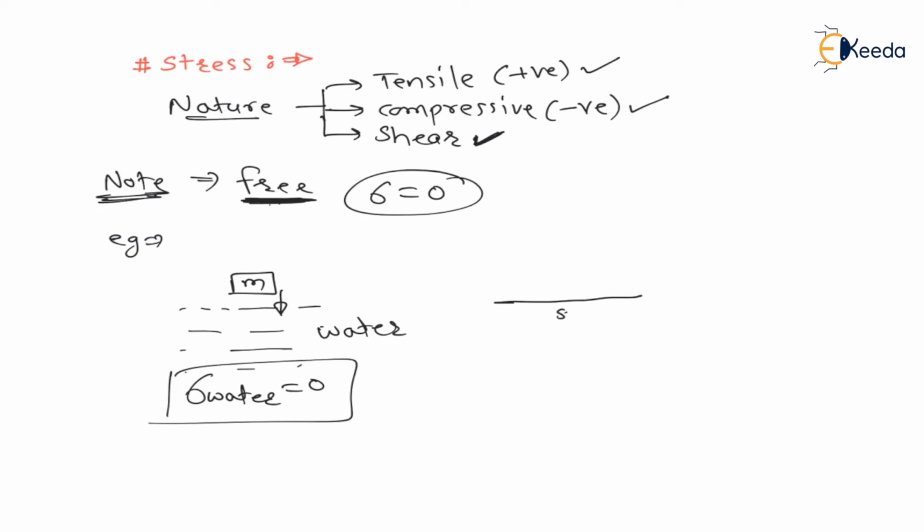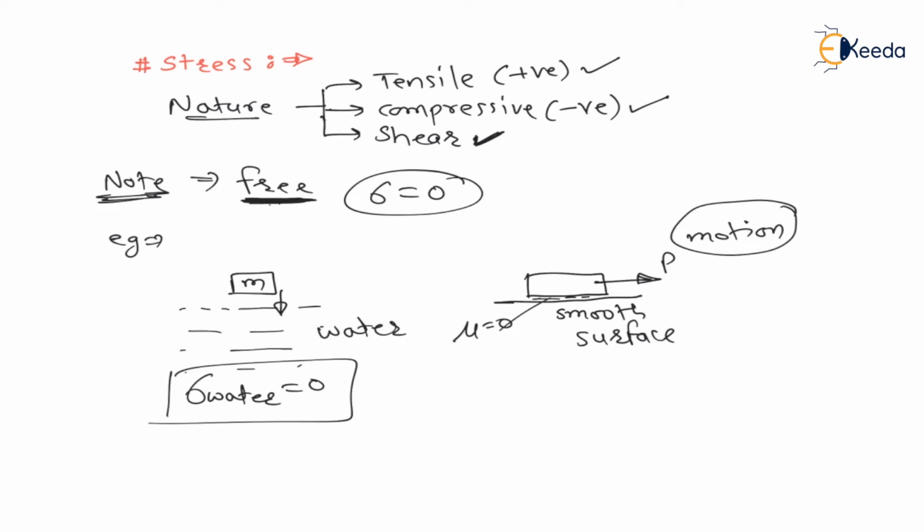Let's say this is a very smooth surface, and on this surface a body or component is kept. That means the coefficient of friction is zero over here. If I apply load P, then due to this load there will be motion in the component, and it becomes a mechanics problem.